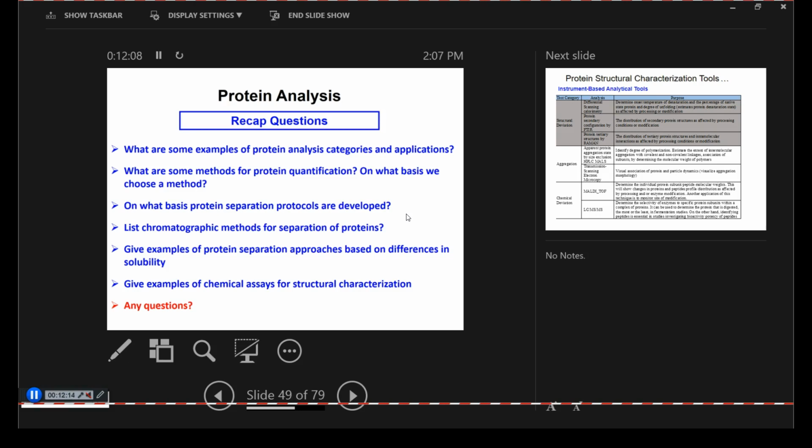The higher the percentage of acrylamide, the smaller the pore sizes. So you can run a gradient gel, and you can purchase one. When I was a student, I prepared my own gradient gels, and it was, I'm not going to swear, a very tedious procedure. It takes the whole day.